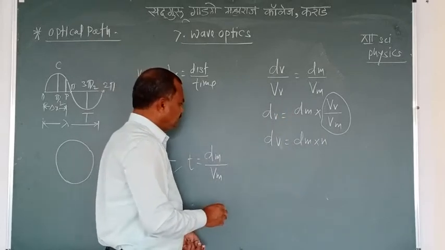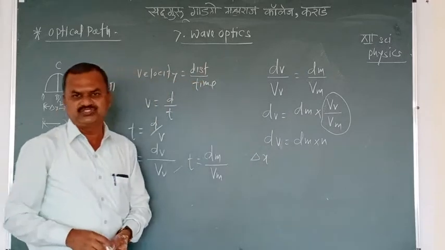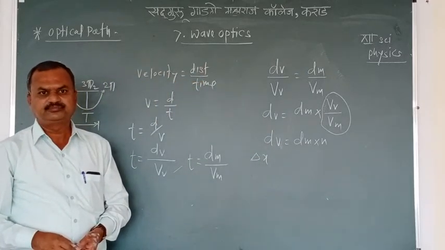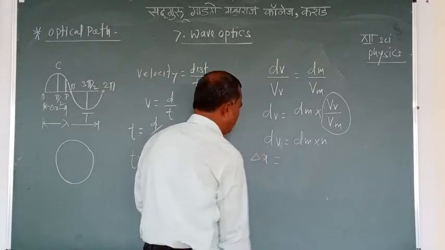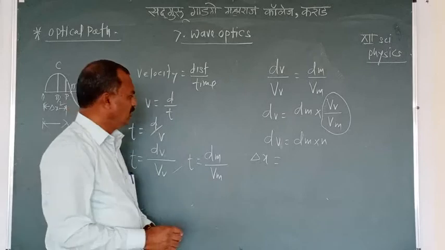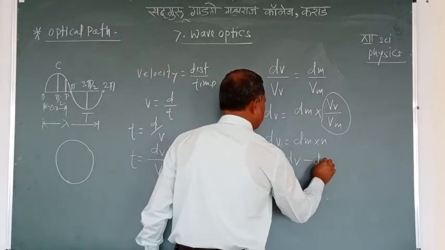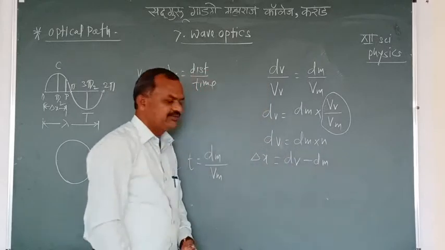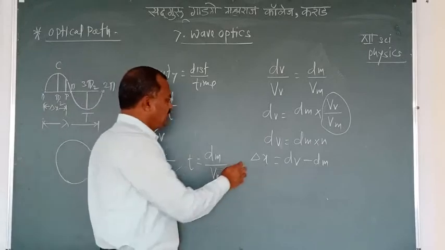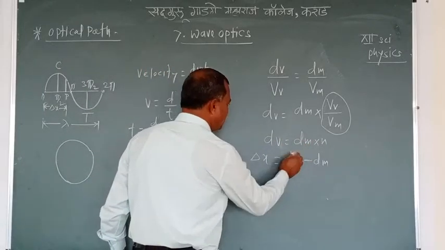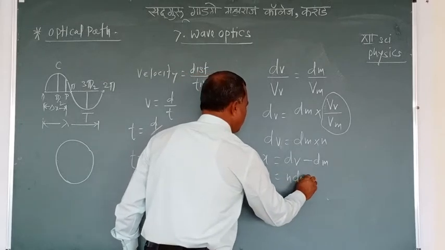Suppose delta x is the path difference, to be calculated with the formula delta x equal to distance covered by the wave in vacuum minus distance covered by the wave in medium. Therefore delta x equal to dv minus dm, but dv equal to n times dm, so delta x equal to n times dm minus dm.